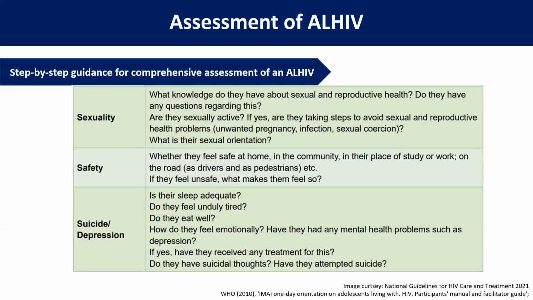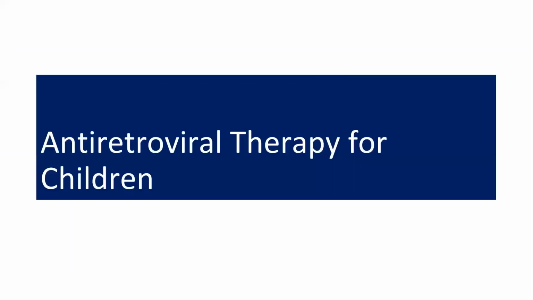Similarly, what is their sexuality, their knowledge about sexual and reproductive health, do they have any questions regarding this, are they sexually active, and if yes, are they taking any steps to avoid sexual and reproductive health problems, their sexual orientation, their safety, and are there any red flag signs of mental health issues like suicide and depression. So we need to ask these things in a step-by-step guide. These are available in our guidelines. You can go through that.